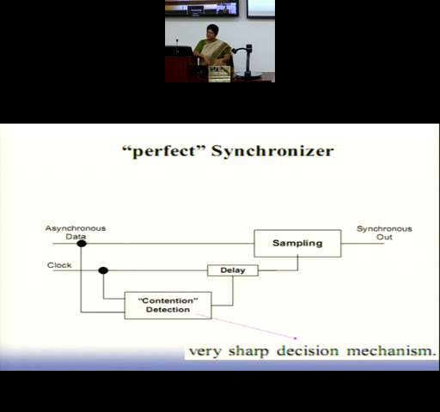Somebody said, okay, another approach. Data is metastable and the clock edge has come. So instead of not allowing the data to latch, why not delay the clock edge? You design a fictitious clock edge, which is different from the master clock edge. So delay the clock.